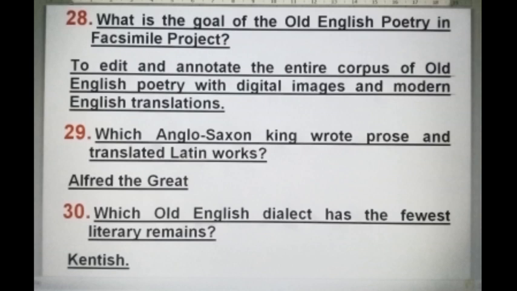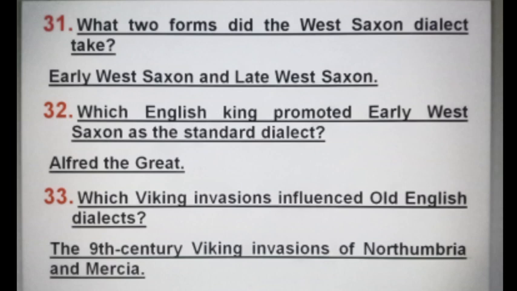Alfred the Great. Which Old English dialect has the fewest literary remains? Kentish. What two forms did the West Saxon dialect take? Early West Saxon and late West Saxon.